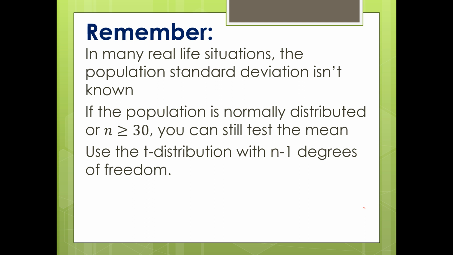But those are the same as the z-test. And then when you're looking for critical value, whenever you use your t-chart, remember that our t-distribution uses n minus 1 as its degrees of freedom. Okay, so make sure when you're using your t-test, you keep that in mind.